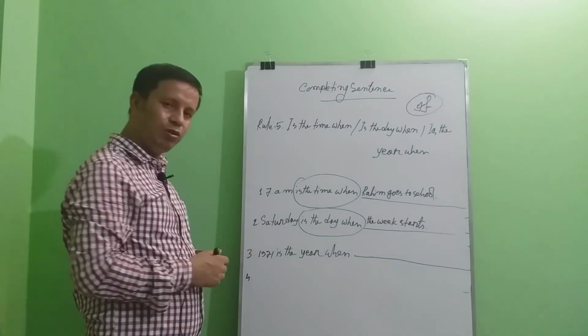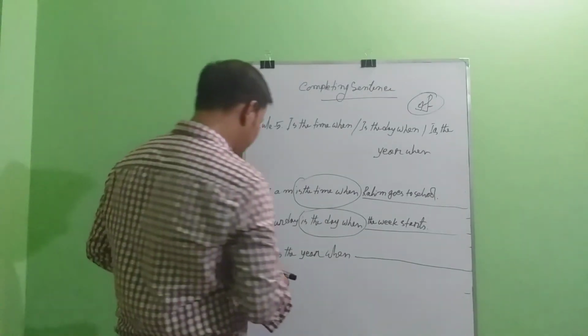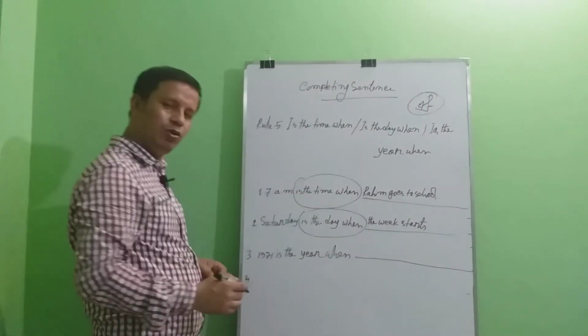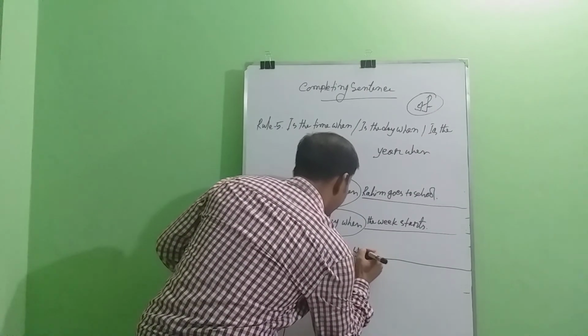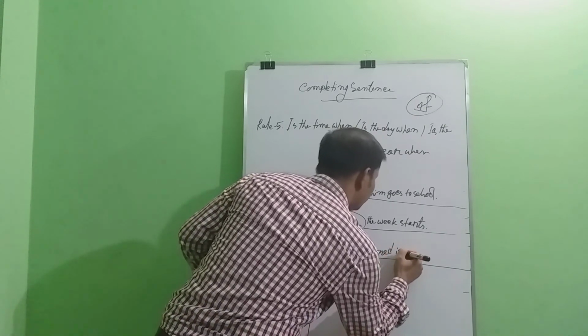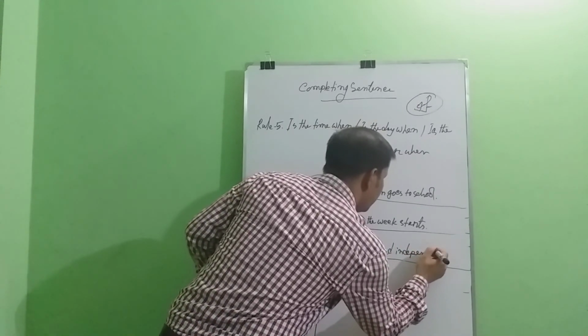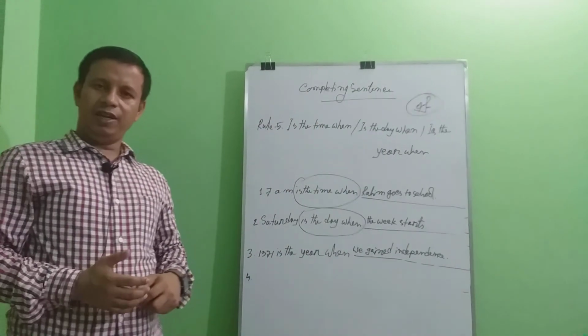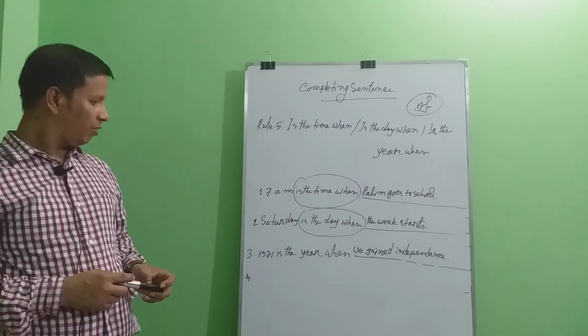So according to the rule, we can write the answer in the third sentence. 1971 is the year when we gained independence. Are you clear, students? Thank you.